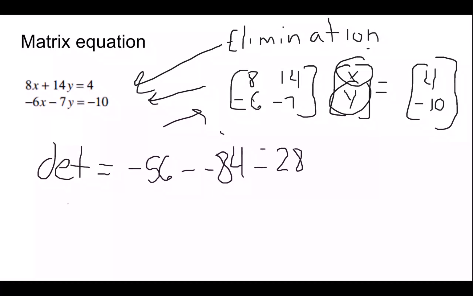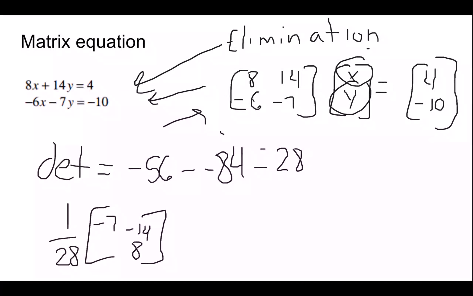So again, we're going to take this and divide it at the very end. Let's invert that matrix. So I'll have negative 7 and 8. They swap places. Negative 14 and negative 6, or positive 6. Sorry about that. So these swap signs.